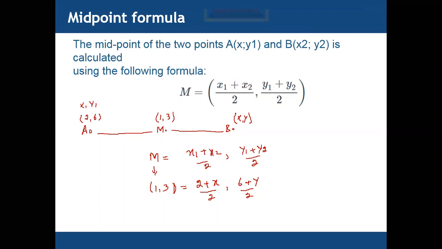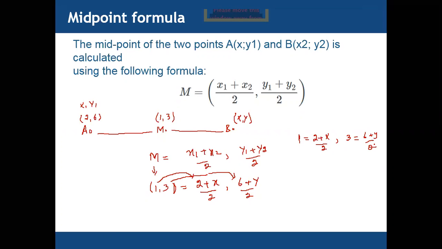Now compare the first one with the x values, and the second one with the second coordinates, the y values. So if we compare the first one, 1 equals 2 plus x divided by 2, and the second value, 3 equals 6 plus y divided by 2.